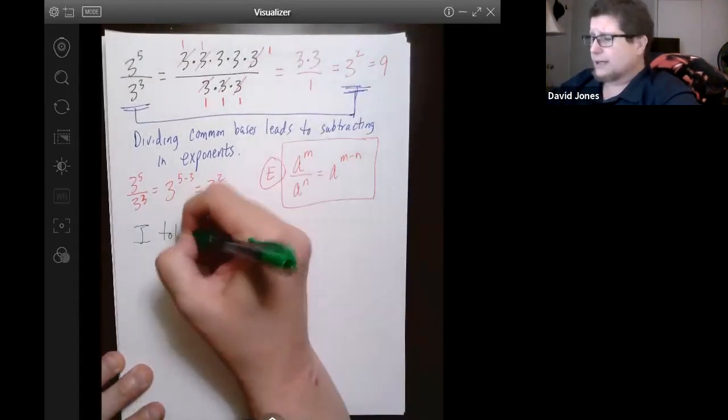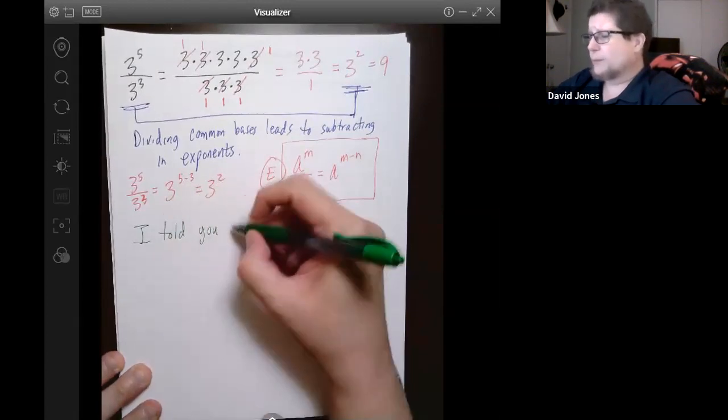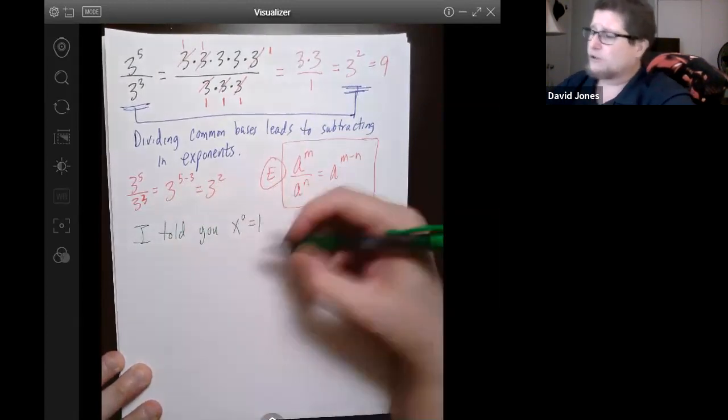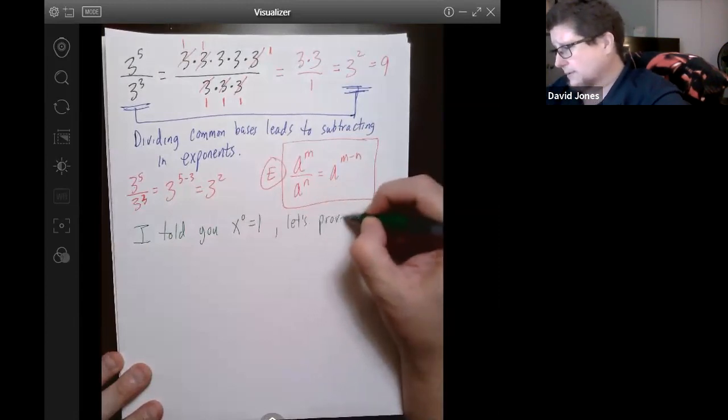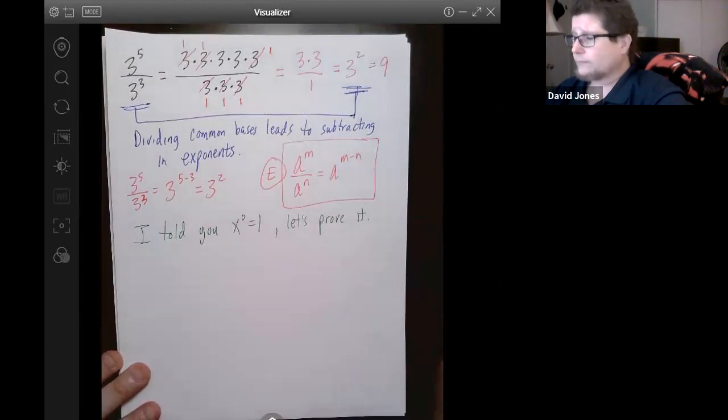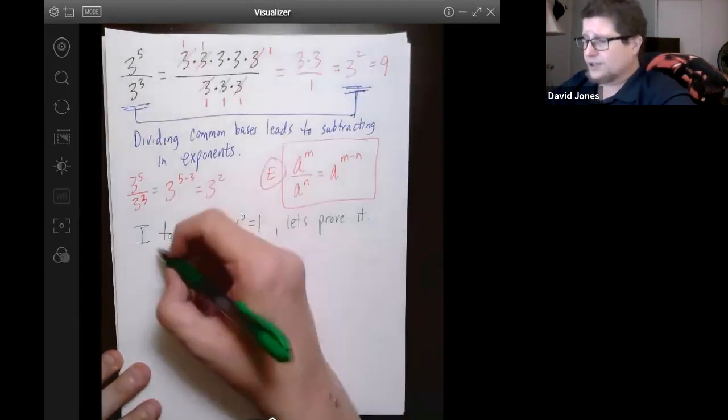I told you x to the 0 power equals 1, or any number to the 0 power equals 1. Let's prove it. I'm going to start off with something like this. Let's do x cubed divided by x cubed.